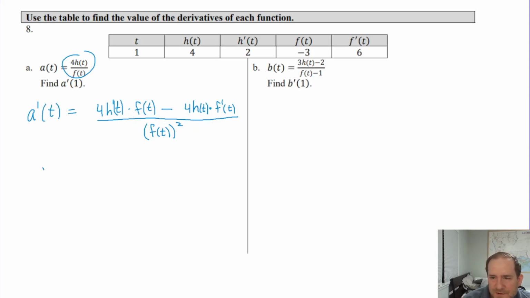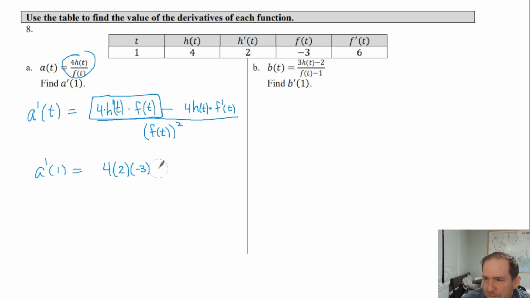Go ahead now and just jump to a prime of 1. And don't bother taking time even to plug the little 1's in there. Just go ahead and start evaluating. So this will be a 4 times h prime of 1, which is that 2, then times an f, normal f giving negative 3. But this whole thing is just 3 things multiplied together: the 4, then this derivative value, and then this function value.